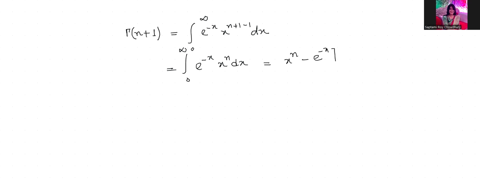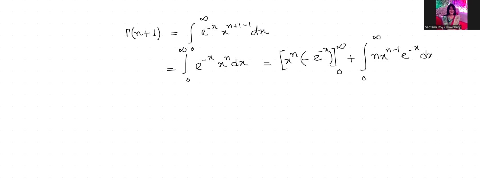This is within bracket, after integrating, from 0 to infinity, right? Minus, as there is a minus and there is also a minus from the integration by parts formula. So we can write this plus integral 0 to infinity n x to the power n minus 1 e to the power minus x dx, right?